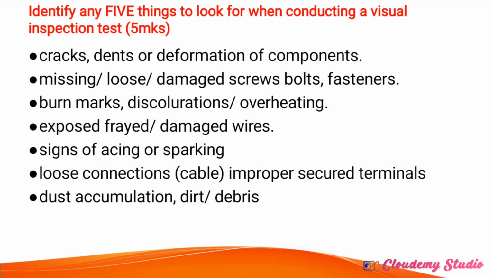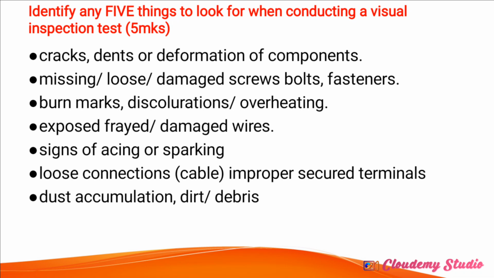Then you have deformation of components, especially a capacitor, which might have swollen. Something that has swollen has taken a different shape from the normal shape of the capacitor. So it tells you that component is faulty because it's not the required shape.